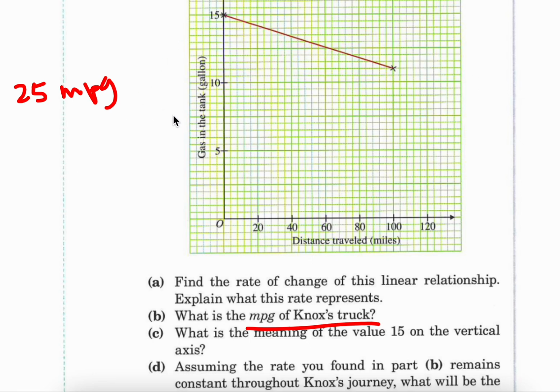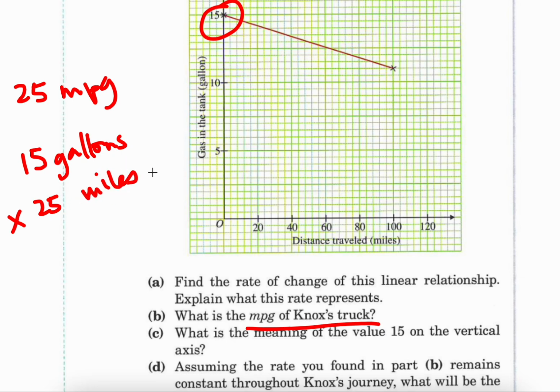So now we got to think, if it's 15 gallons that he has in his truck and each gallon can get you 25 miles, then really all we have to do is take our 15 gallons, and then multiply it by 25 because each gallon gets you 25 miles.